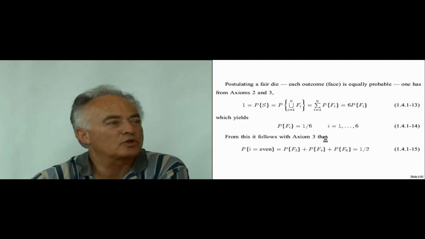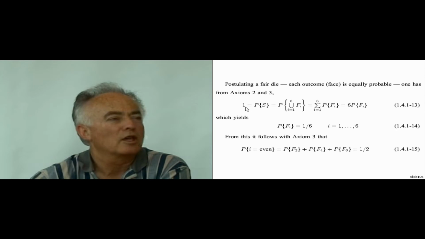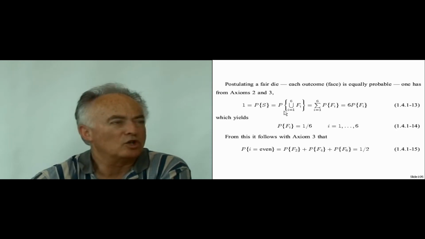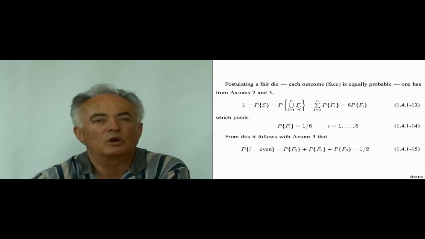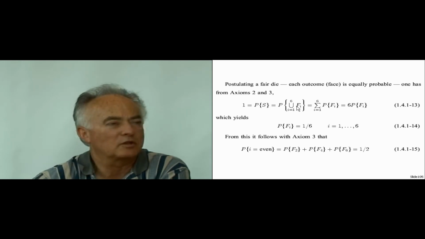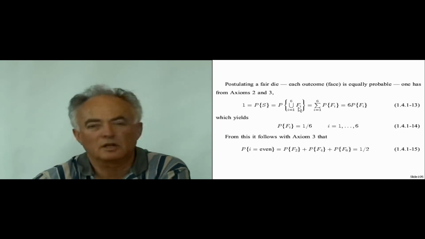Now, if we postulate a fair die in which each outcome or face is equally probable, we have from axioms 2 and 3 that the sure event's probability is 1. We know that. But what is the sure event? It is the union of the 6 single face outcome events. Cap F sub i means the outcome is little f sub i, that's face number i.